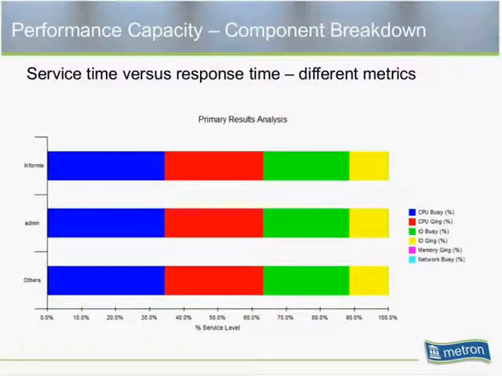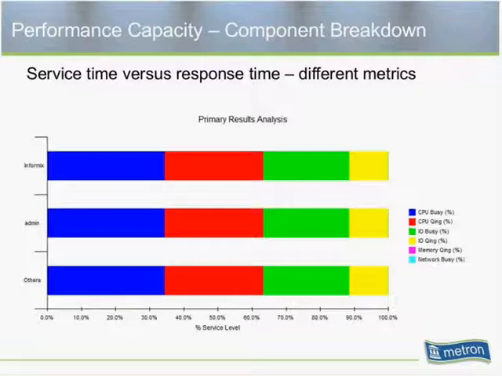And then looking at it, one of the key things is looking at it from a service time versus response time. There are two different metrics. There are two different activities out there within your environment.